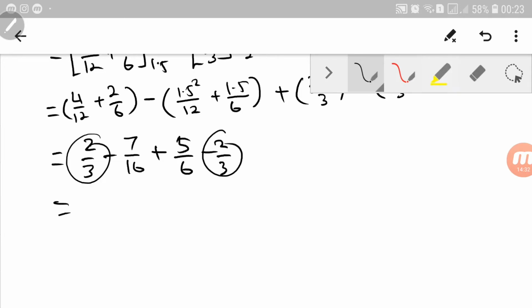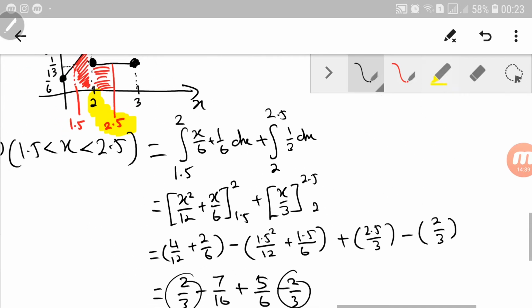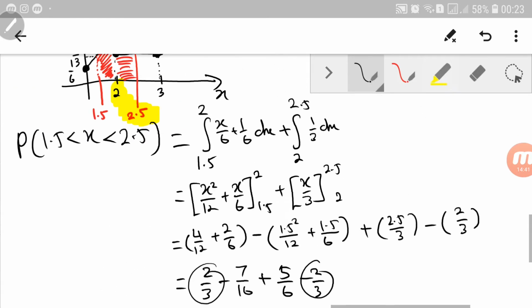So that's just what's left: 19/48. Yes. Okay, so we've done with that.